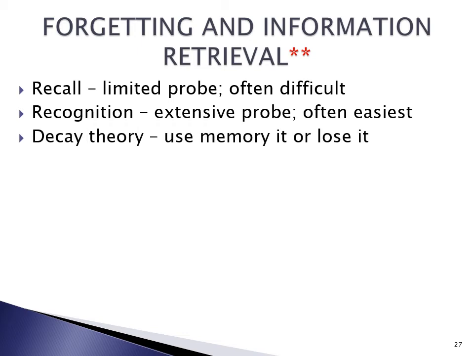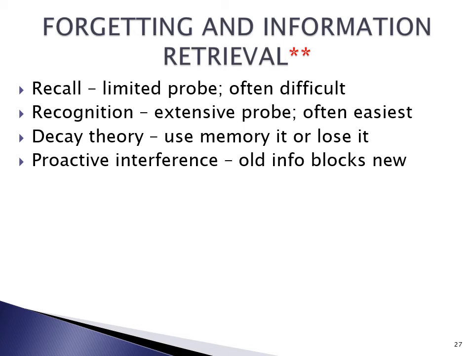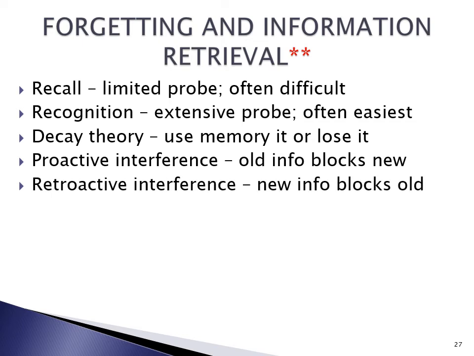The decay theory is basically use it or lose it. Proactive interference is old info blocking new info that's being pulled. Retroactive interference is new info blocking old info being pulled.